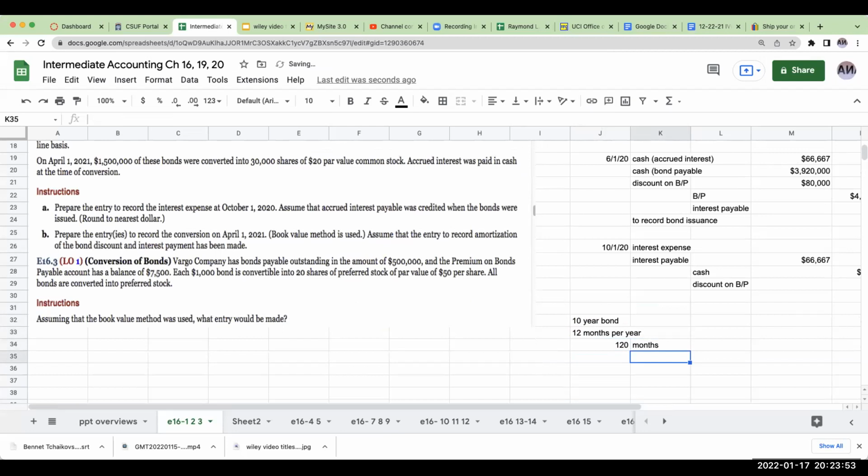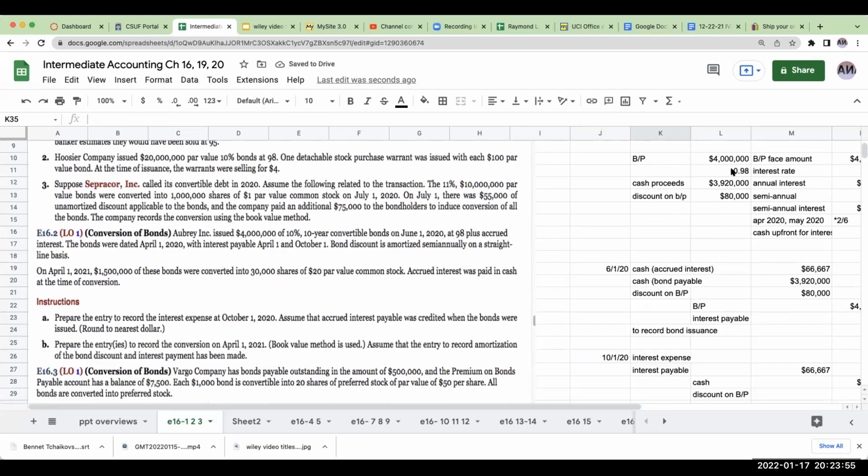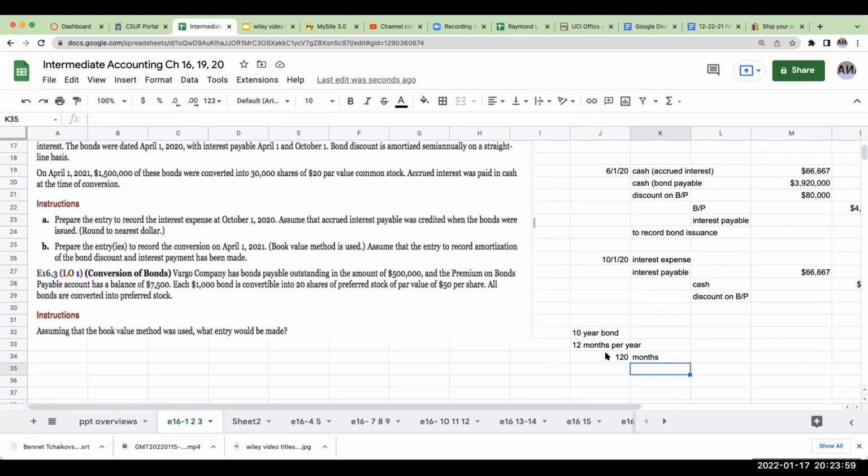However, because this was issued 2 months in, what we're not going to do is use the full 120, because the bond term is going to be minus the 2 months, or April and May. So my months to amortize is going to be 118.